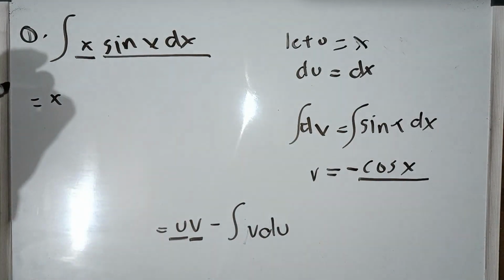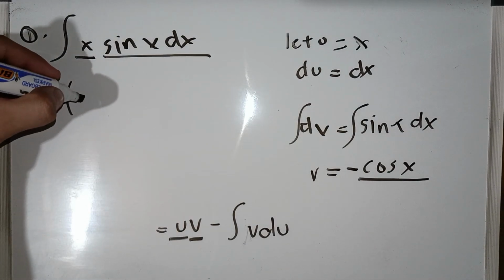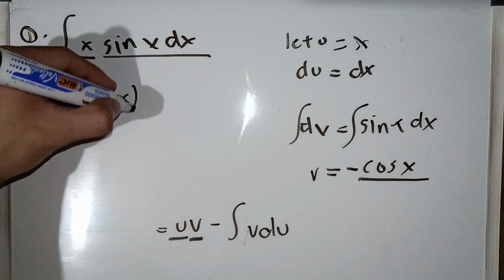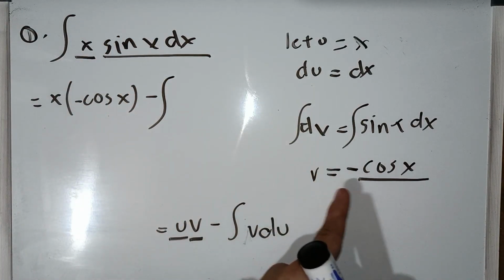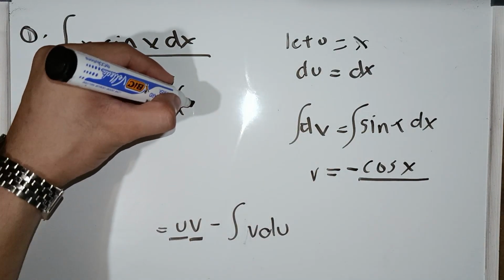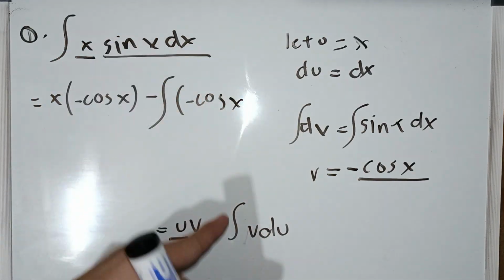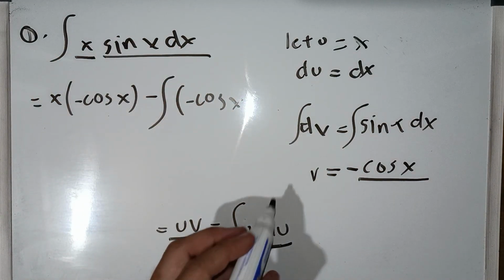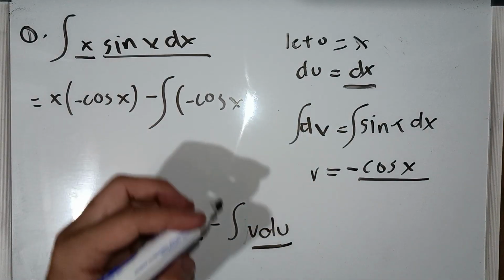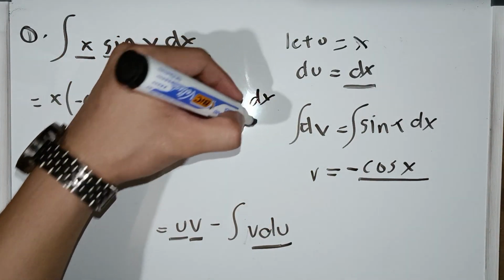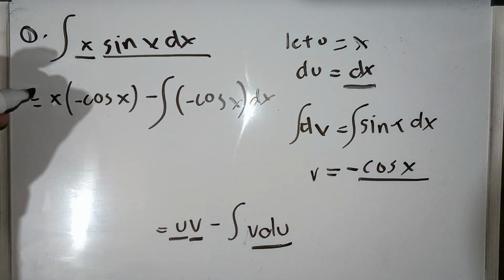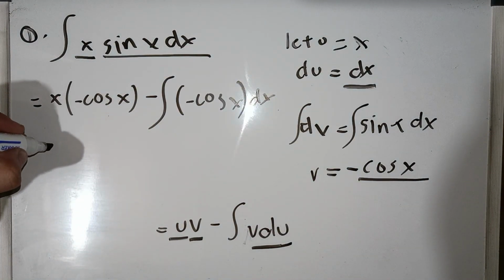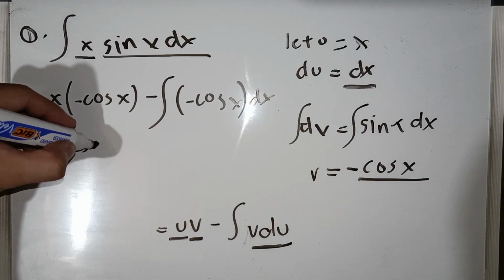So minus x cosine x, minus the integral of v, which is negative cosine x, multiplied by our du, which is equal to dx. So simplify this, multiply this, and that will become negative x cosine x.